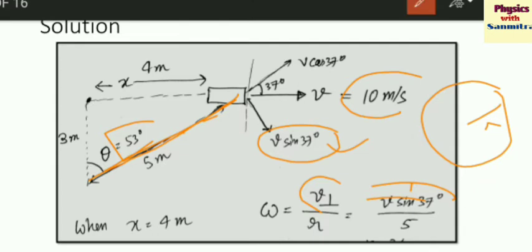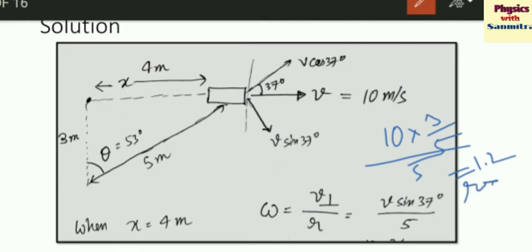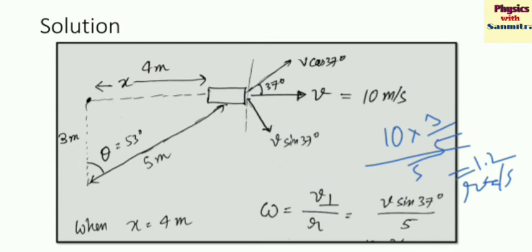The answer is V sin 37 degree over 5. V is 10, sin 37 degree is 3 by 5, divided by 5. So 10 times 3 by 5 is 6, divided by 5, that is 1.2 radian per second. This is my angular velocity.